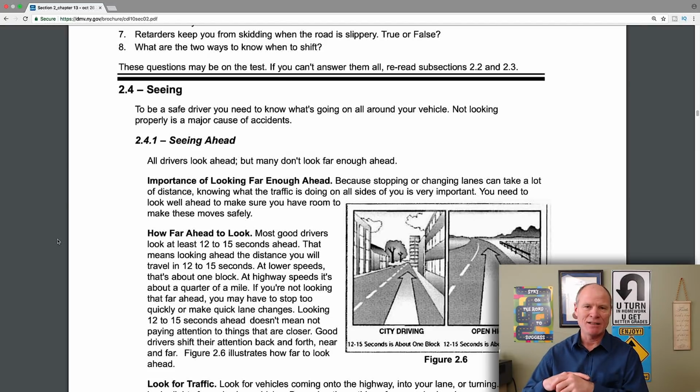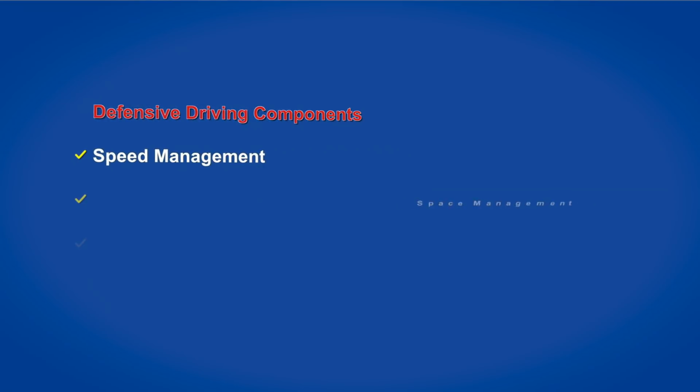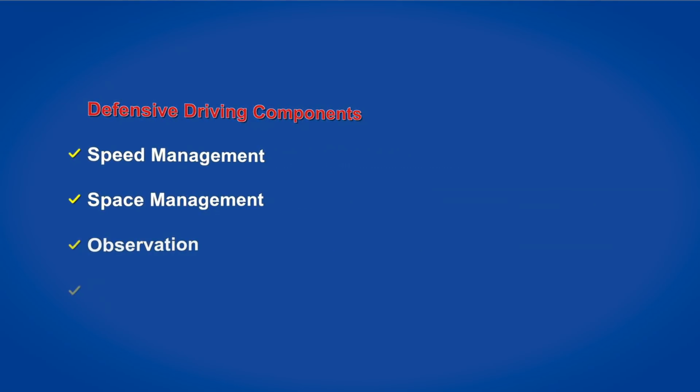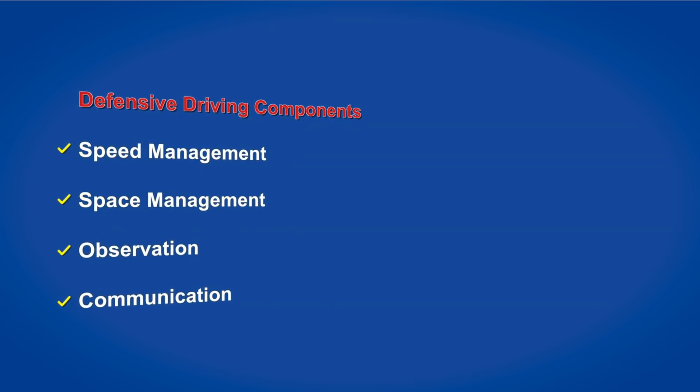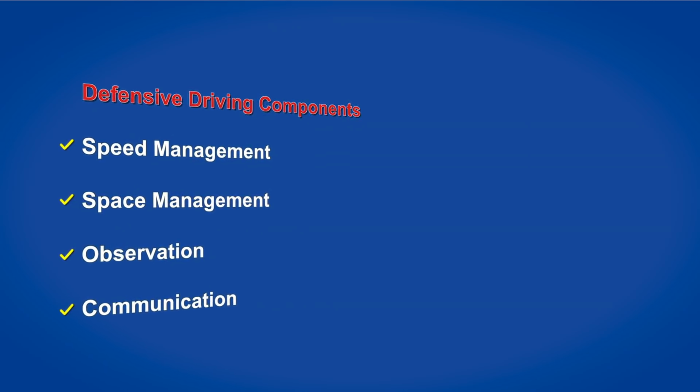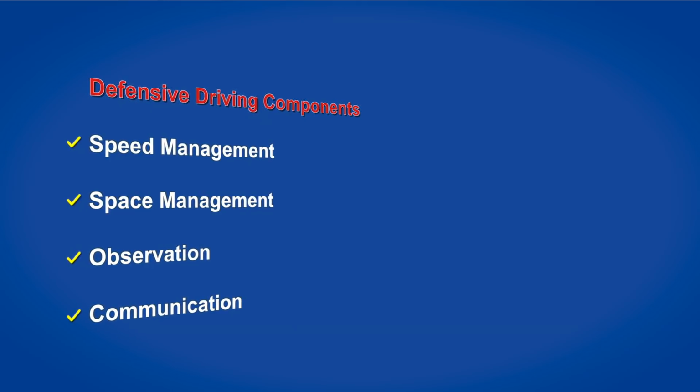So, seeing, communication. The four basic components of any defensive driving course, of any road test, regardless of class, are going to be speed and space management, observation, and communication. Those are the four fundamental components. So what they're talking about here is how to observe properly. Essentially what you want to do is look far down the road.